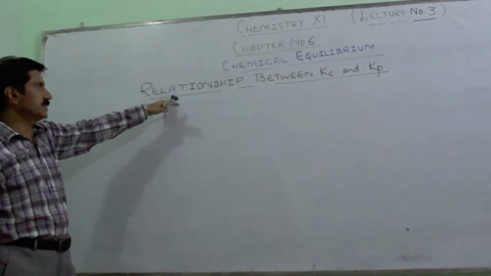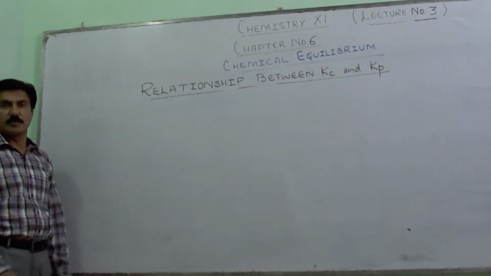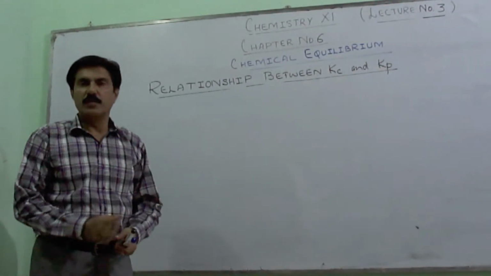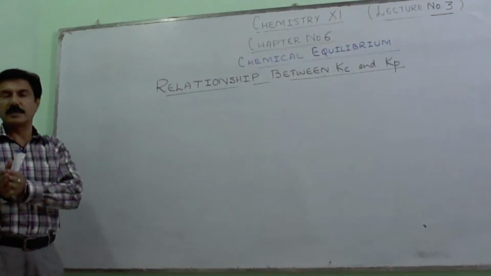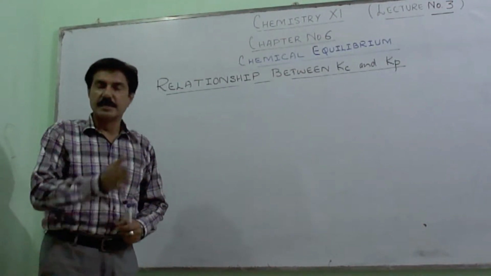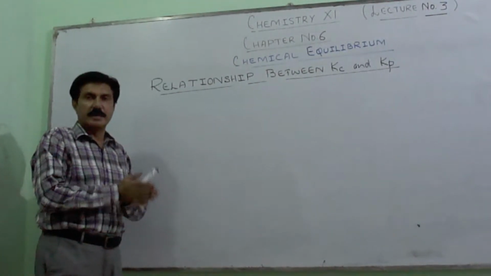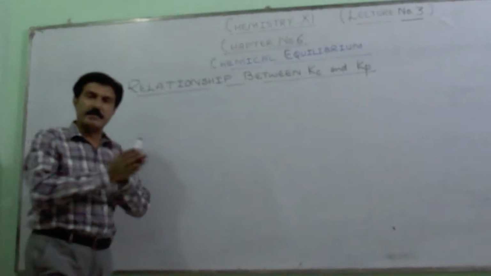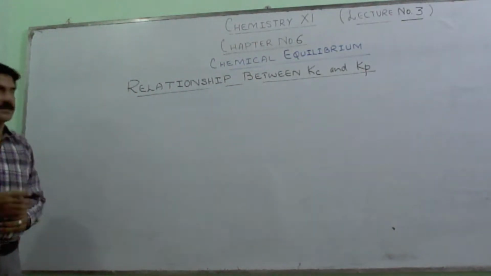So if you want to discuss the relationship between Kc and Kp, as I already told you, for the same chemical reaction we can find out the value of Kc as well as Kp depending upon the nature of reactants and products. If the reactants and products are in the liquid state, we can find the value of Kc, and if we use the same reaction in the gaseous phase, we can find the value of Kp for the same reaction.